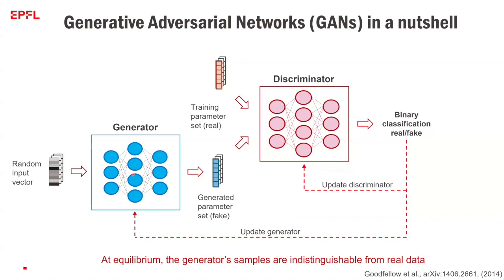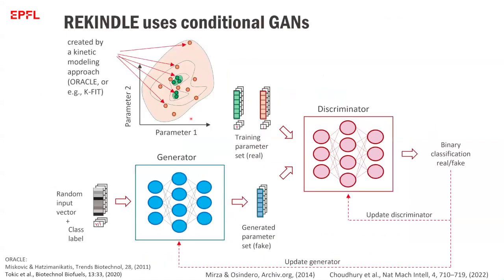Now, in a particular case of Rekindle, we use conditional GANs. The only difference with this concept that I was explaining is that next to the parameter data sets, you are also providing a label if this parameter set was belonging to this green patch or it is belonging in the space which is around.